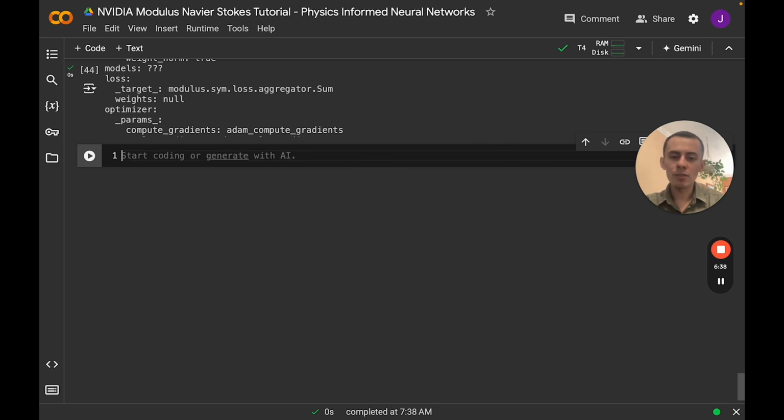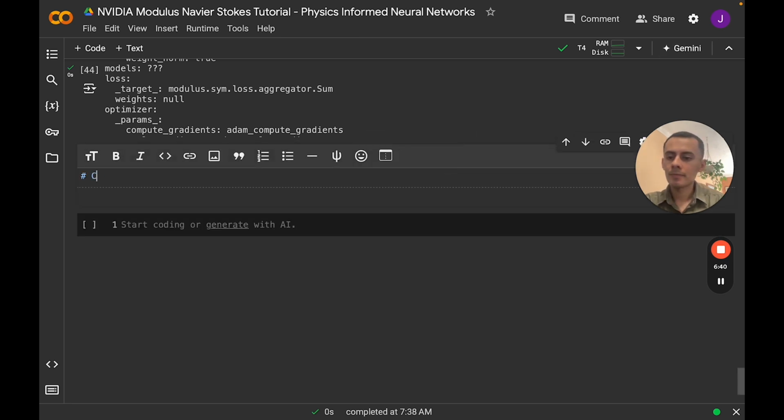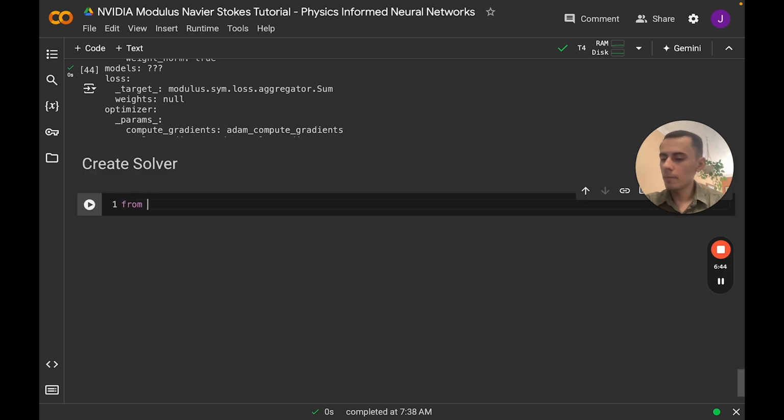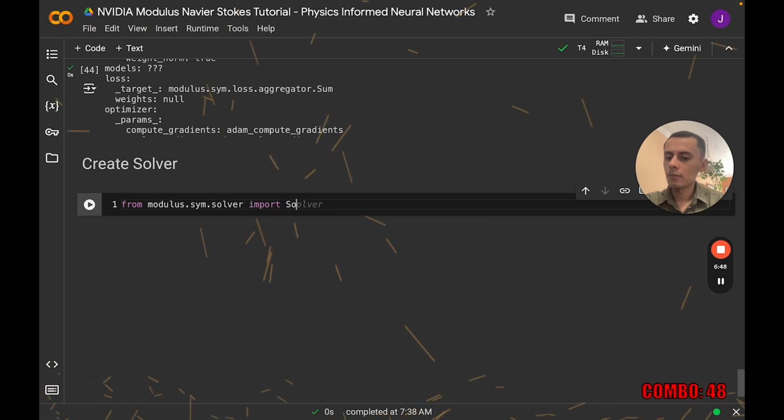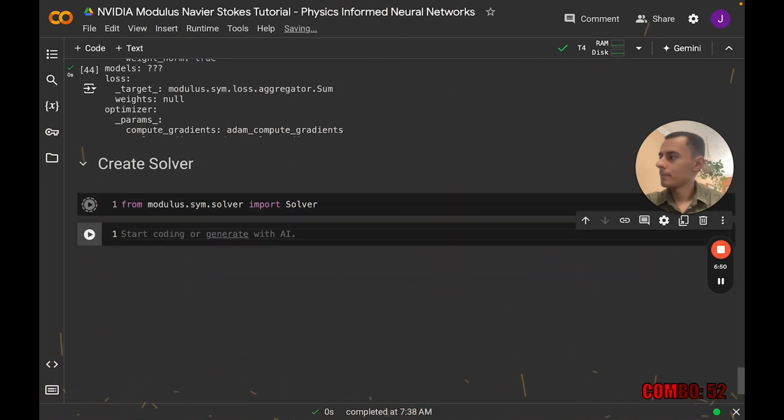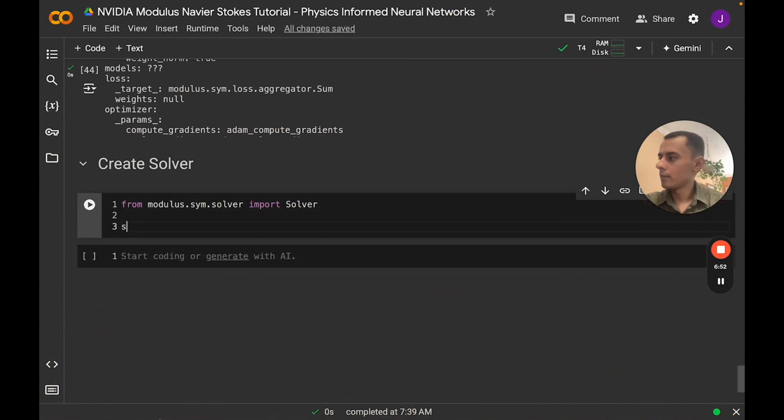So now we create the solver, from modulus.sim solver import Solver. Solver SLV object equals the solver class. We pass the configuration object and the LDC domain. The LDC domain has our network, our constraints, it has everything.